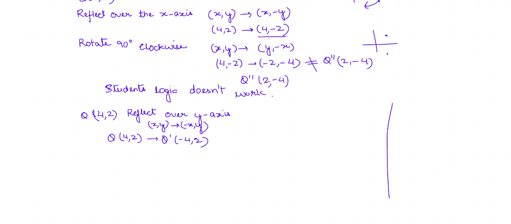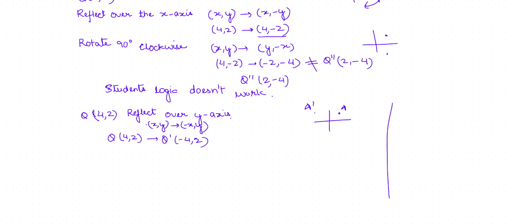Now Q is given as (4, 2), and we have to reflect it over the y-axis. When we reflect anything over the y-axis, only the x coordinate becomes negative and y remains the same. So (x, y) changes to (-x, y). So Q (4, 2) will become Q' (-4, 2).